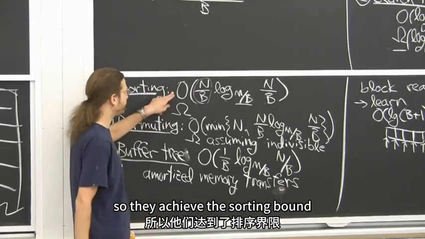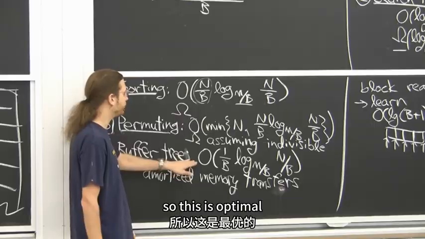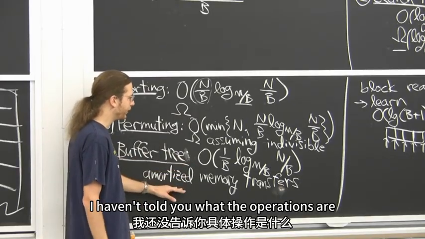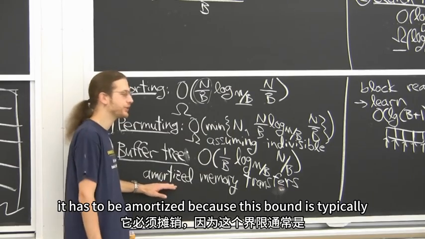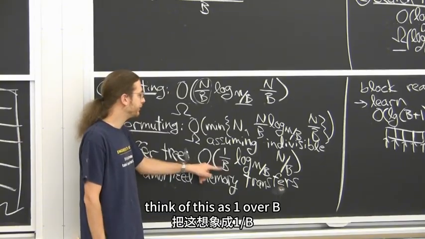So they achieve the sorting bound divided by n per operation. So this is optimal. I haven't told you what the operations are. The bound is amortized. It has to be amortized because this bound is typically little o of 1. Think of this as 1 over b.